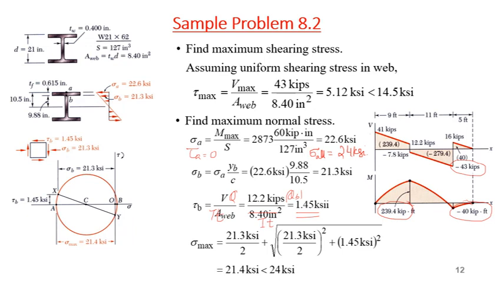Now if I consider the element, we know that sigma max is equal to sigma average plus radius, where sigma average is sigma x plus sigma y divided by 2, and radius is the square root of (sigma x minus sigma y divided by 2) squared plus tau xy squared.